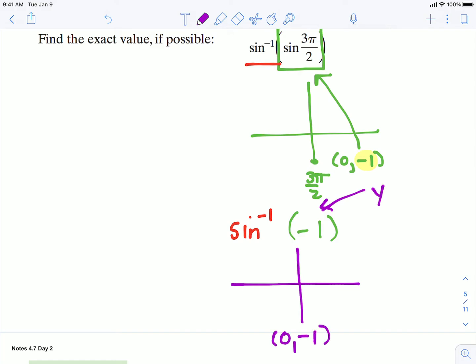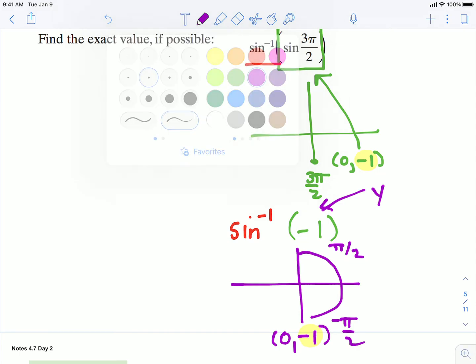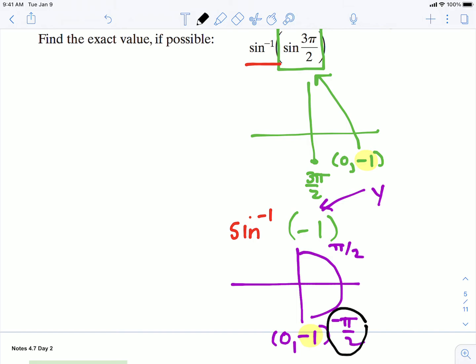Down here is our negative 1, but we have to have an angle that's going from pi over 2 down to negative pi over 2. So we can't choose 3 pi over 2. So our answer is going to be negative pi over 2. So this answer is negative pi over 2.